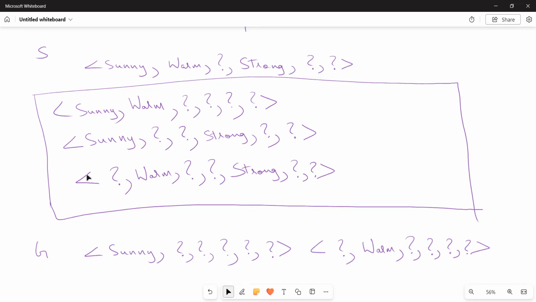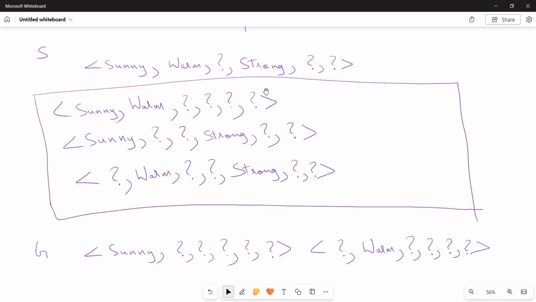So what did we do here? We took up the hypotheses that we had. We had three hypotheses, one specific and two generic, and then we started comparing them for the total number of possibilities that existed. Each specific value was compared: Sunny was compared to the Sunny specific value, then the generic was compared to the specific hypothesis, and then warm was compared.